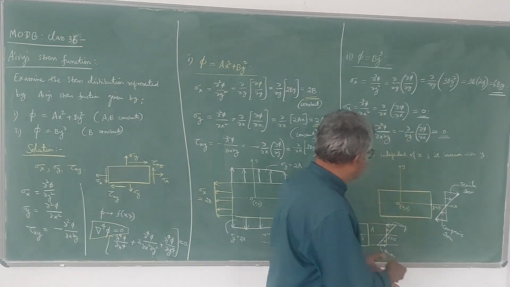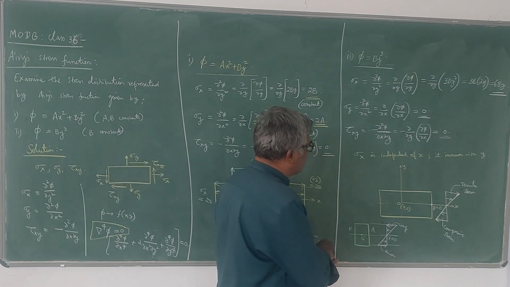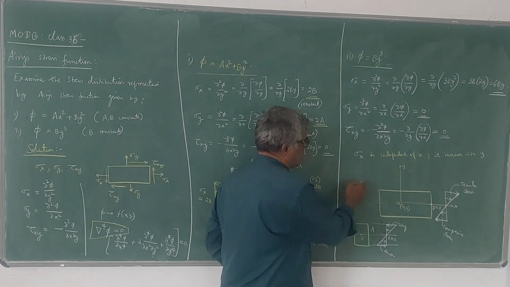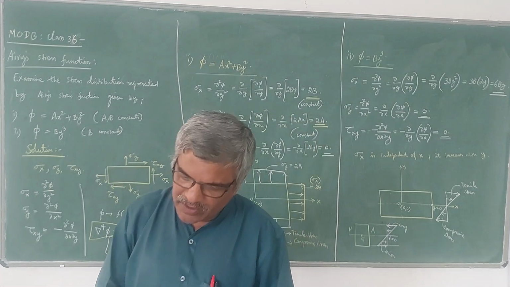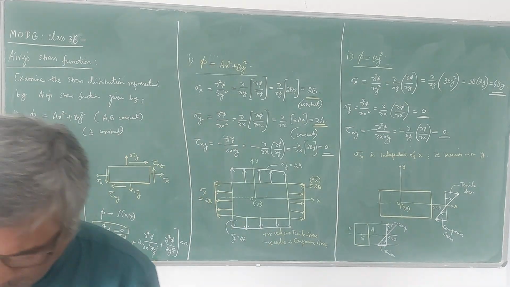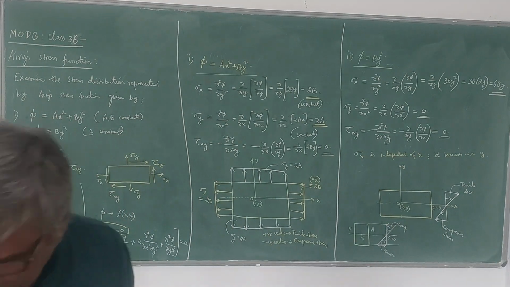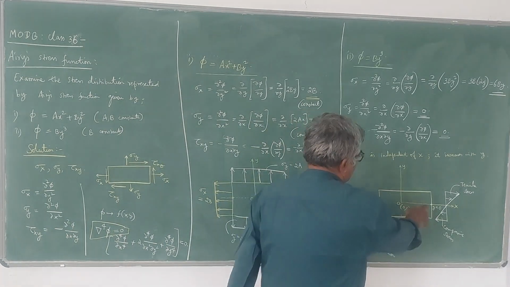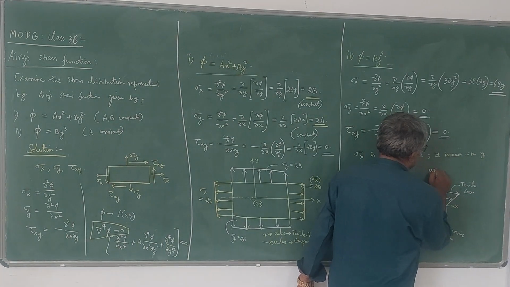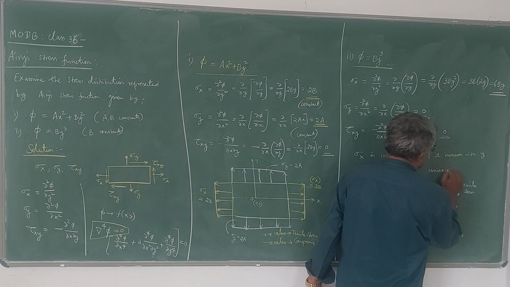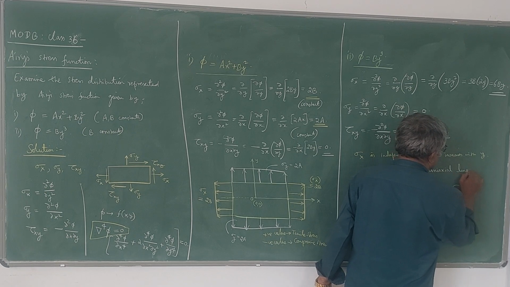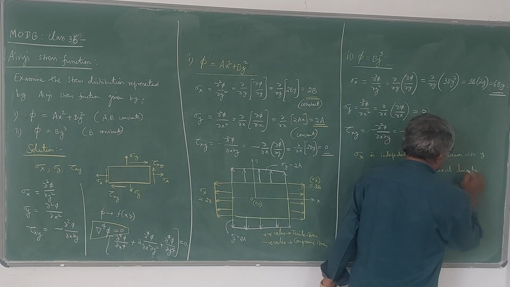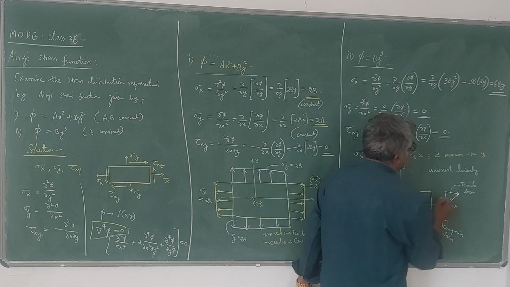So this can be taken as an example for bending stress. Bending stress you can name as a uniaxial linearly increasing stress field. It is linearly increasing because the variation is a straight line.